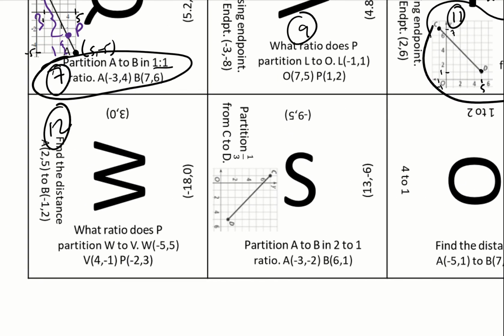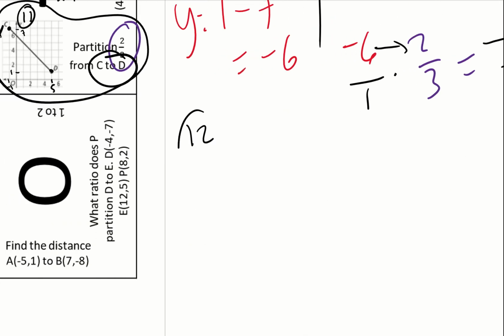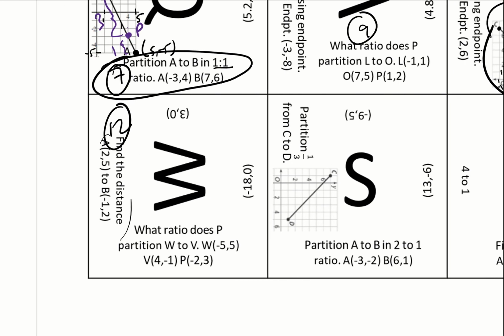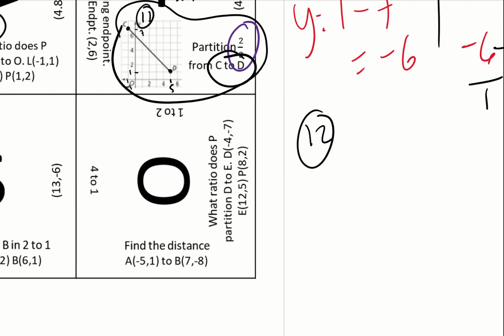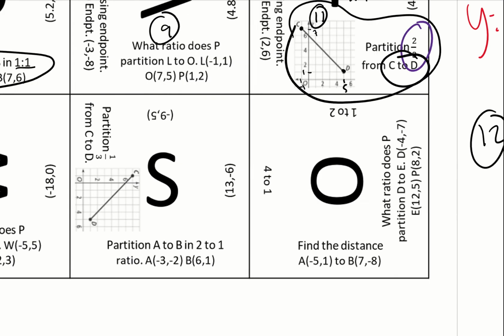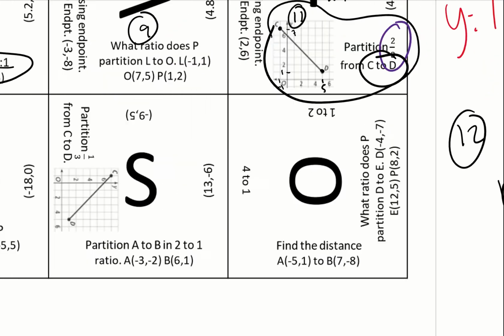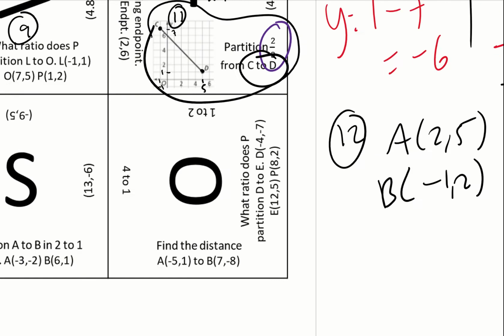Call this number 12. Find the distance from A to B. Okay, we haven't done this type of problem, so I'll slow down on this one. This is a new type of problem. Okay, so find the distance.